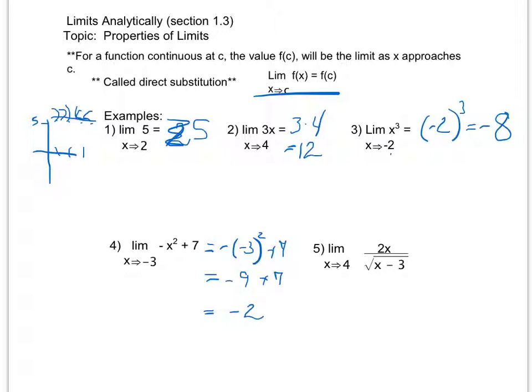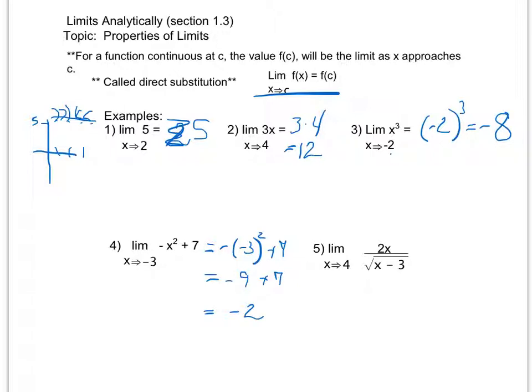On number 5, I have the function 2x over the square root of x minus 3. I know this is not continuous everywhere, because radical functions have domain restrictions. Maybe not continuous is an incorrect way of stating this.